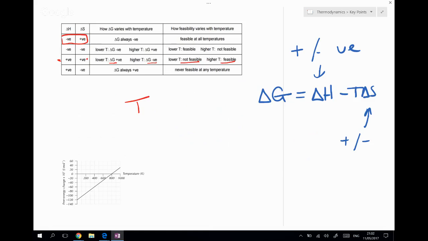The final example here is a positive enthalpy, so an endothermic reaction, in which we've got a decrease in disorder, and in that case delta G is always positive and the reaction is never feasible at any temperature.